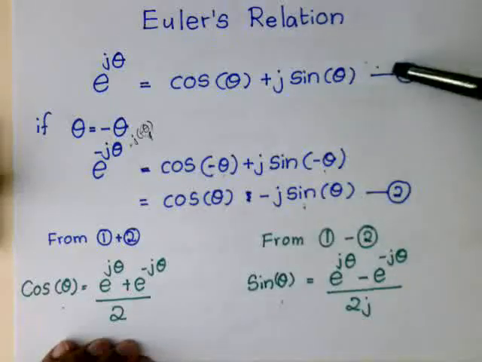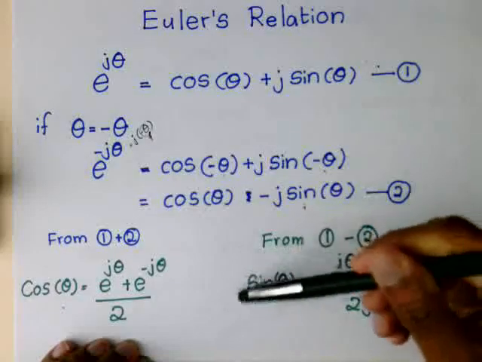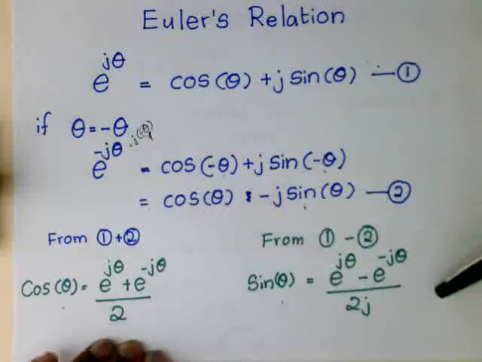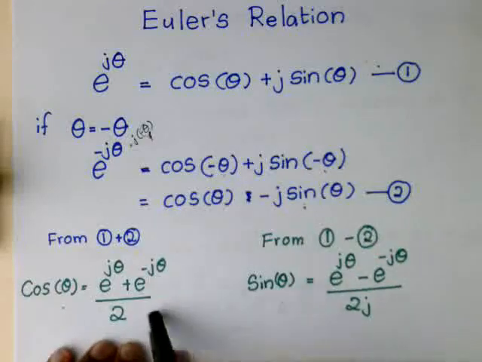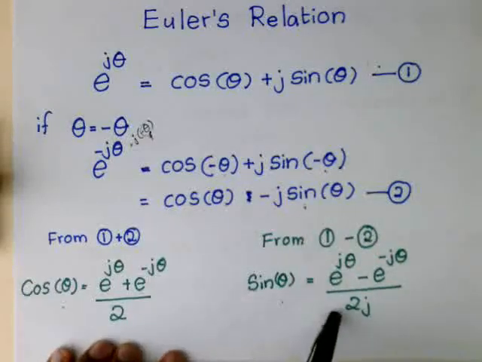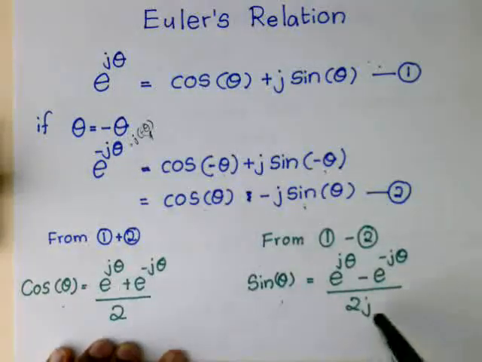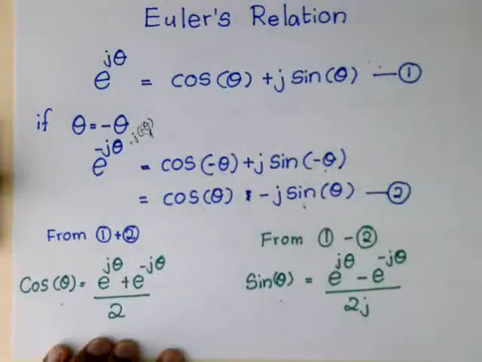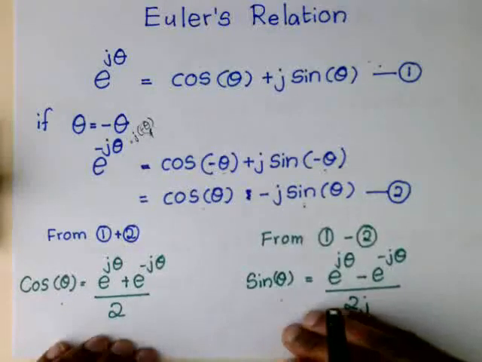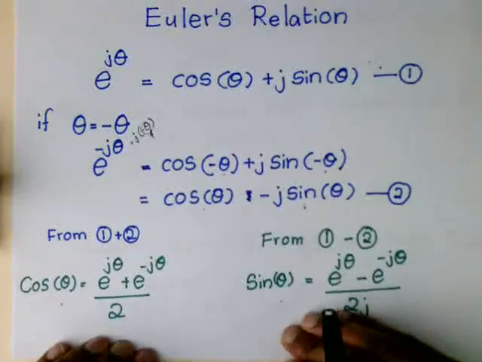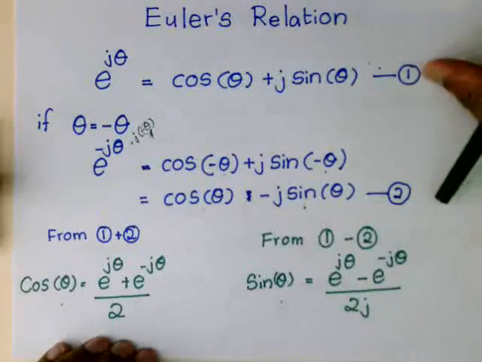Similarly, if you subtract 2 from 1, you get an expression for sine theta, and they are not the same. You have a negative term and a j term in the denominator for the sine case. This is a very important relationship that you should remember.